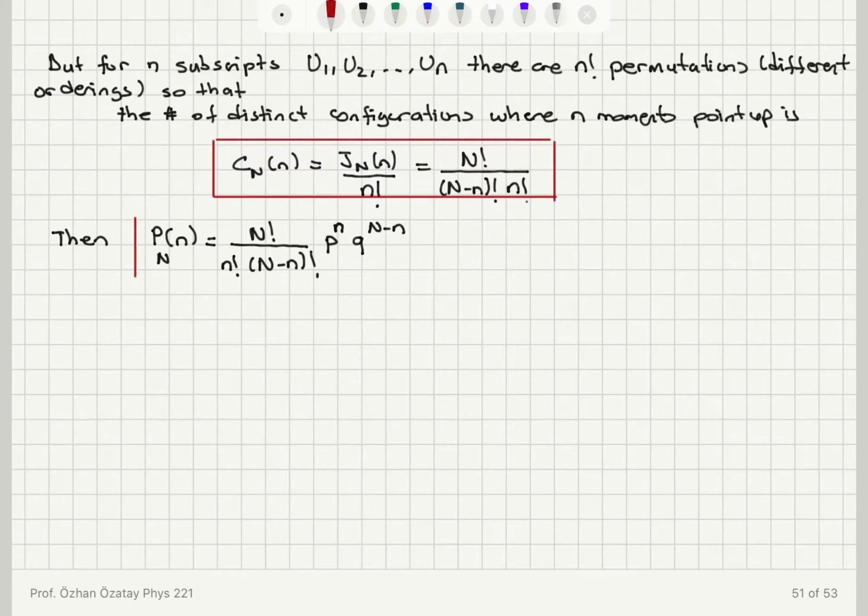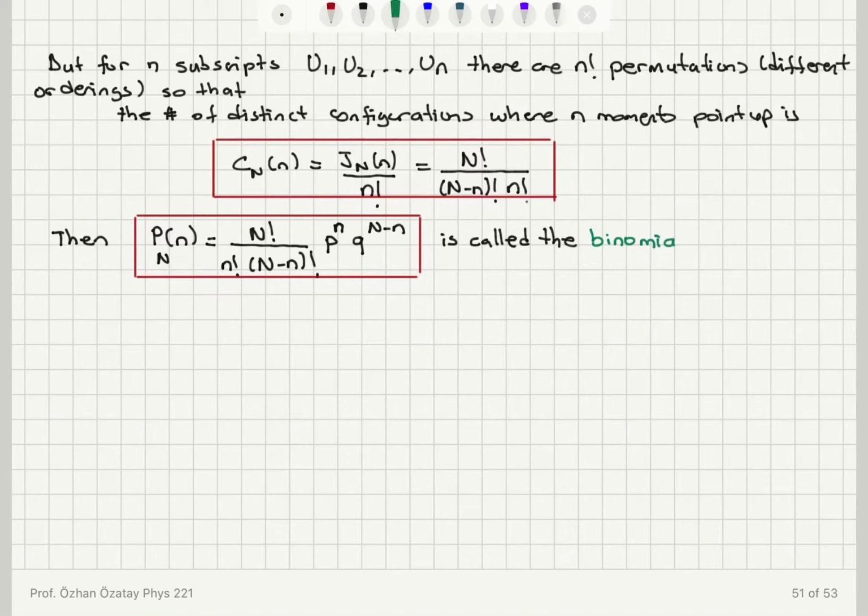So this probability distribution given for n moments is called the binomial distribution. And you may be wondering why it's called binomial distribution.